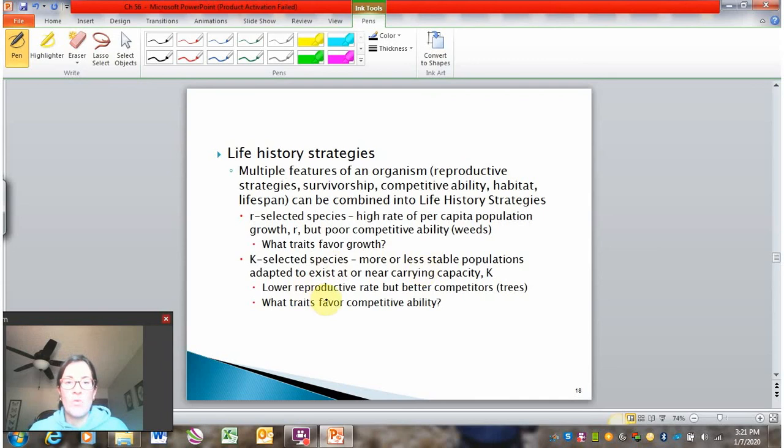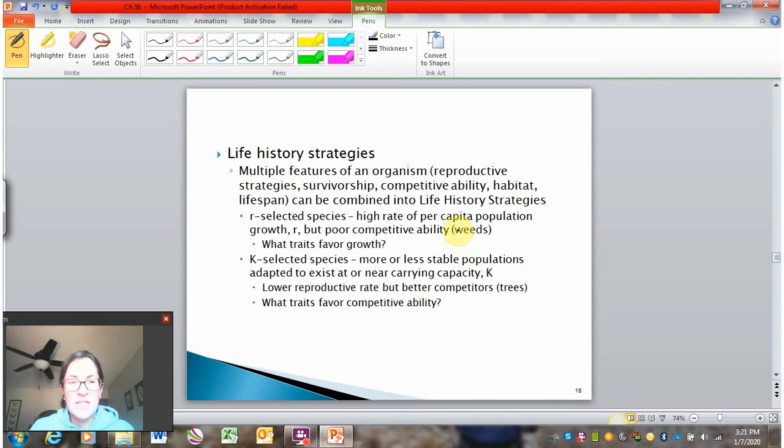Okay, so a low reproductive rate, but better competitors. So kind of classic example is r-selected species are things that we oftentimes consider weeds. So think about, for example, a dandelion. Dandelions can go from like 0 to 10,000 in a lawn very easily because they're very well adapted for a high growth rate, but they're not good competitors.